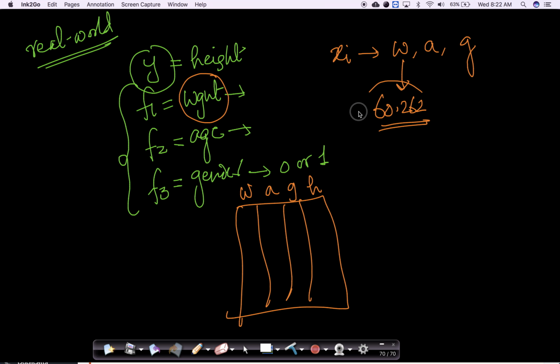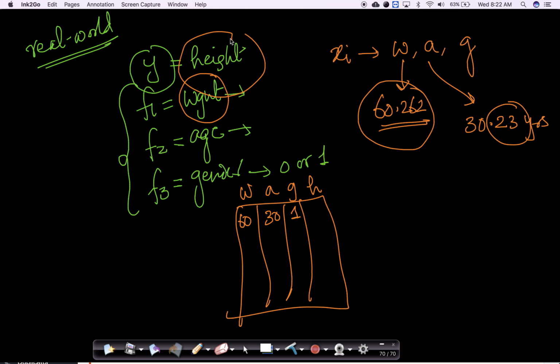Similarly, let's take age. The person's age may be, let's say, 30.23 years. But we might just encode that, because these all are errors that we introduce into the data. We could just say his age is 30 years or 30 and a half years. Gender, there is no error. We'll just say either male or female. Even in height, there will be errors.